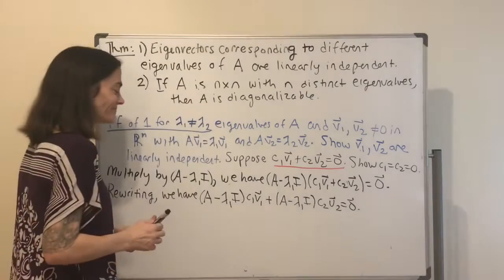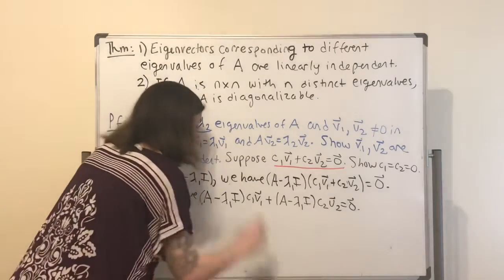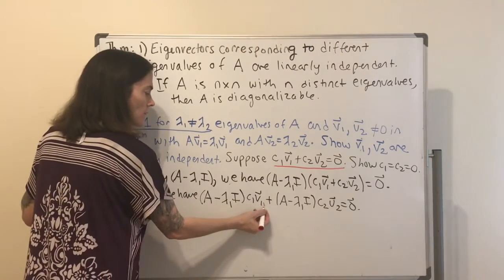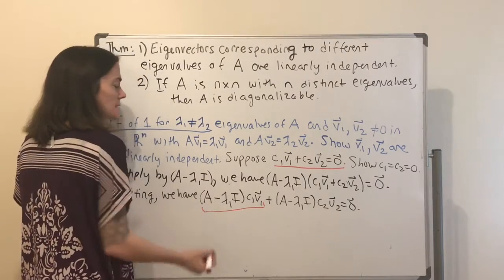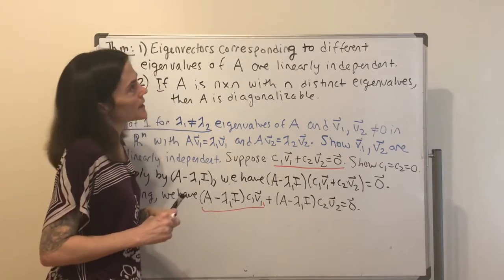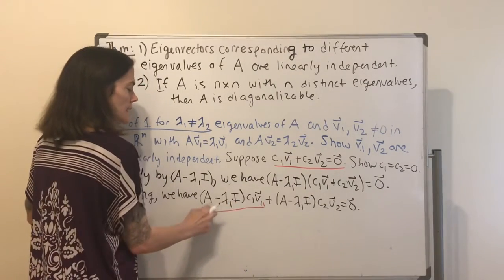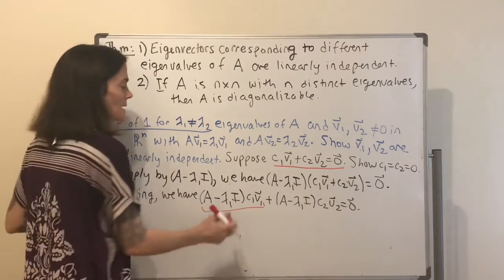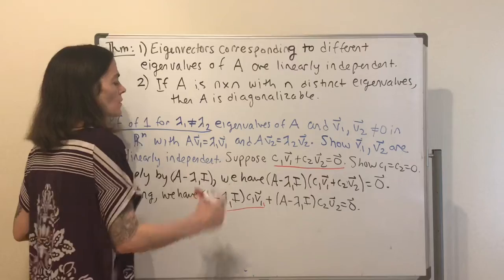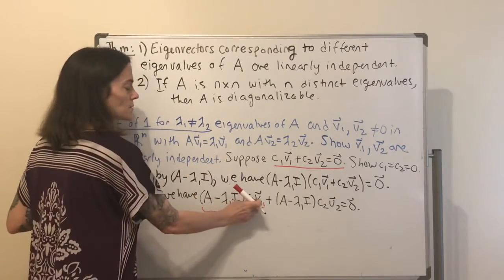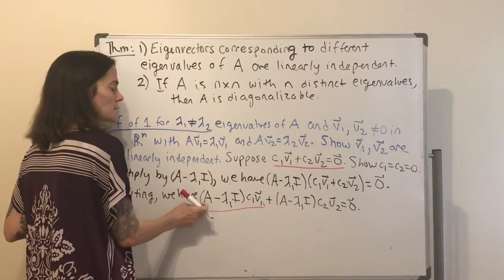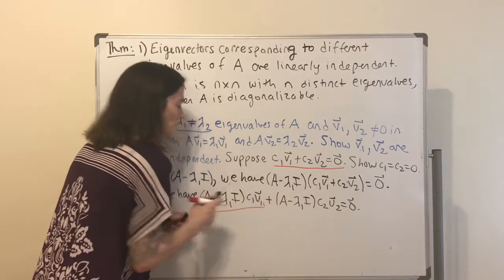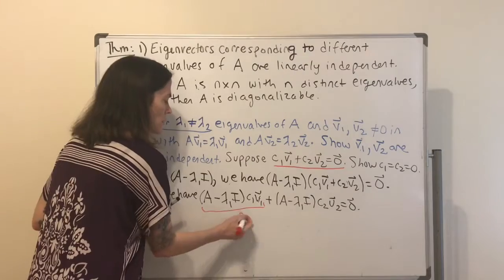Okay, so far so good. Look, what do we have? This here, there's only one option for what this is. This is 0 because V1 is in the kernel of this matrix and it's a subspace. So C1 V1 is also in the kernel of the matrix. Or you can also think, just pull the C1 out here and you get C1 times 0. So this here must be 0.